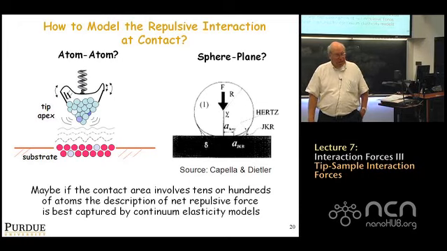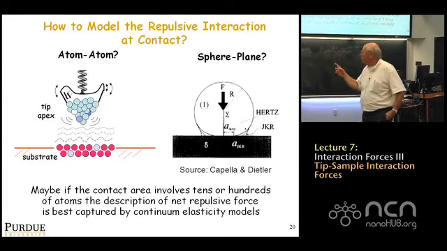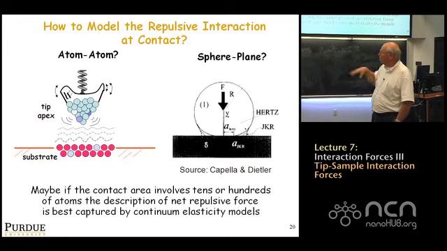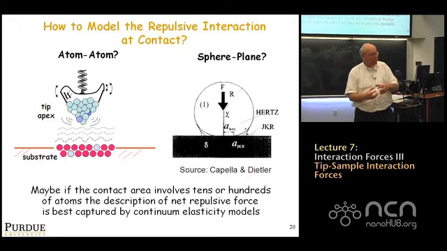You've got two choices. One choice is you can think of the tip as a bunch of atoms, and the substrate as a collection of atoms, and then you can think of the interaction between the tip and the substrate as a collection of atom-atom interactions, or molecule-atom interactions, depending on what your substrate is made of.